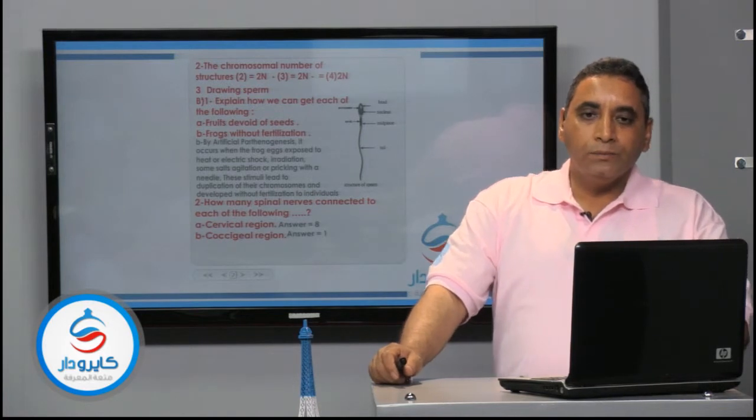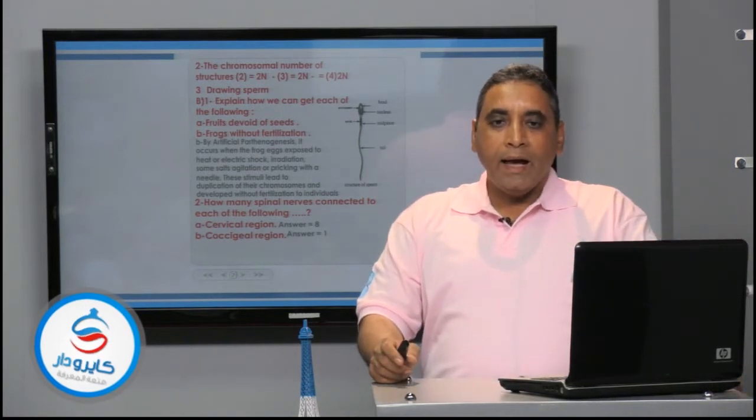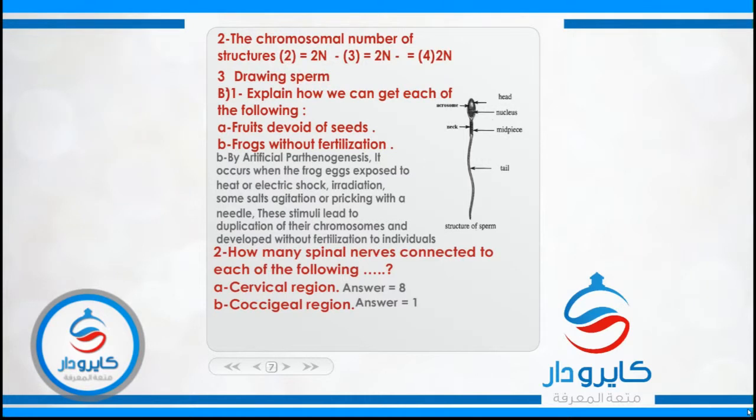The next question, how many spinal nerves are connected to each of the following? 1, cervical region. Number 2, coccygeal region. We understand that the cervical vertebrae are 7 vertebrae, but the number of the spinal nerves that get out from the neck region is 8.